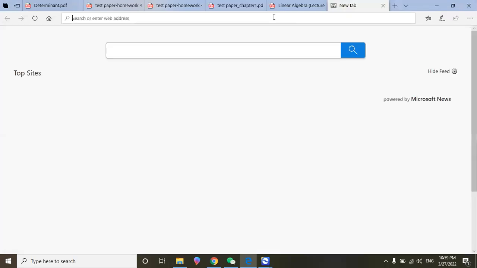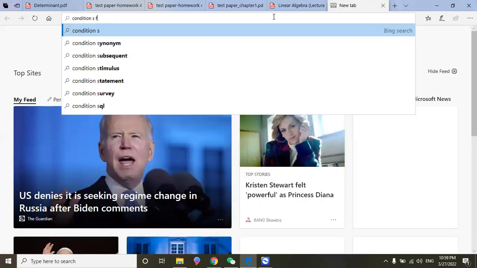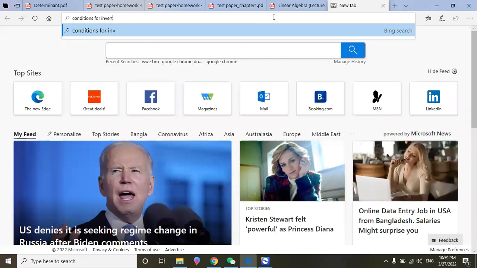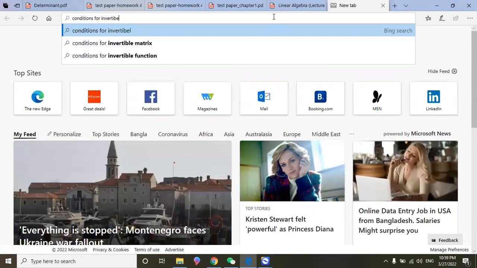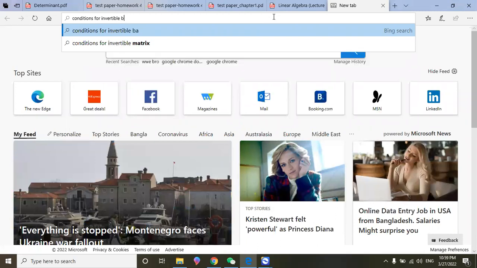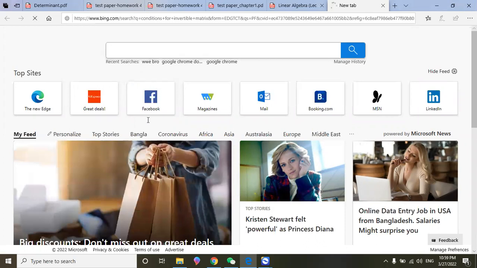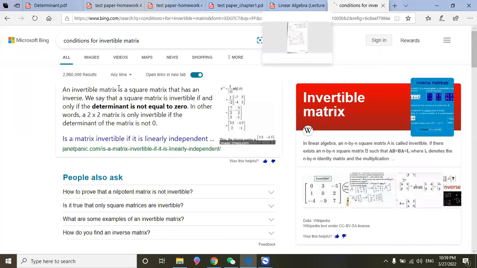Invertible matrix conditions. So here is the condition. An invertible matrix is a square matrix that has an inverse.